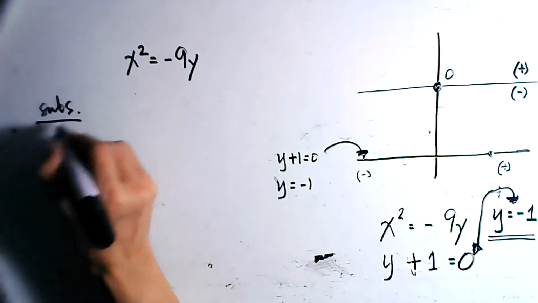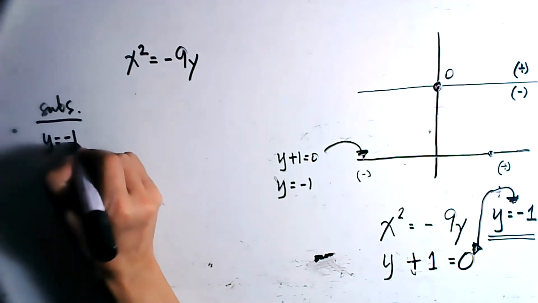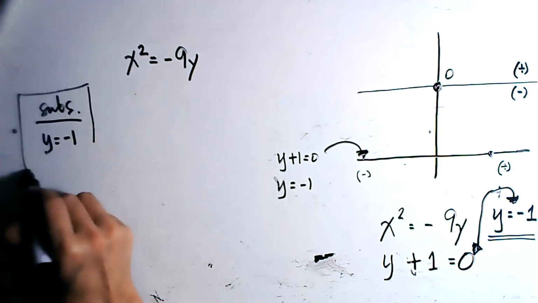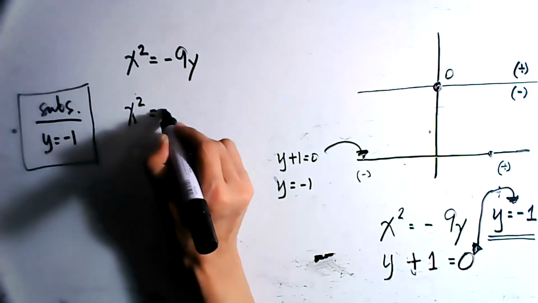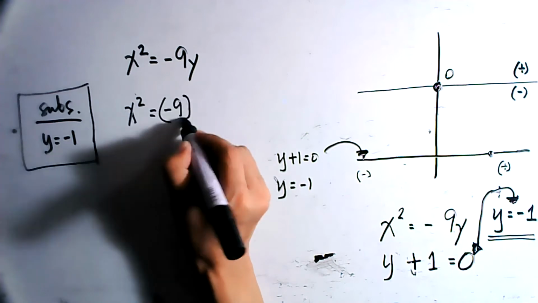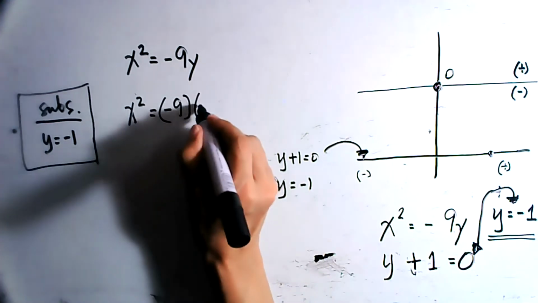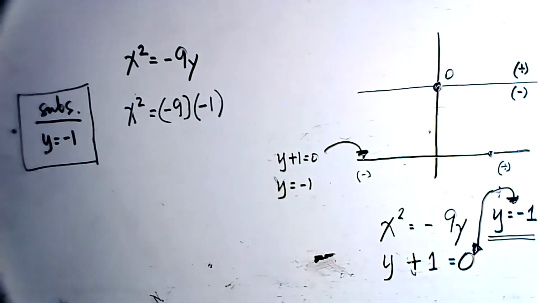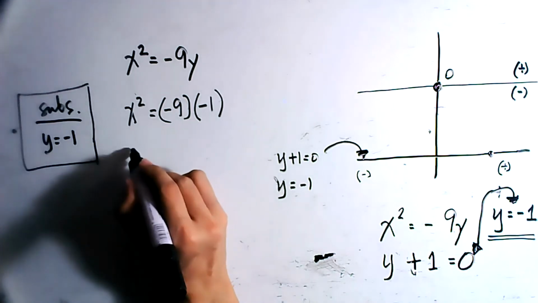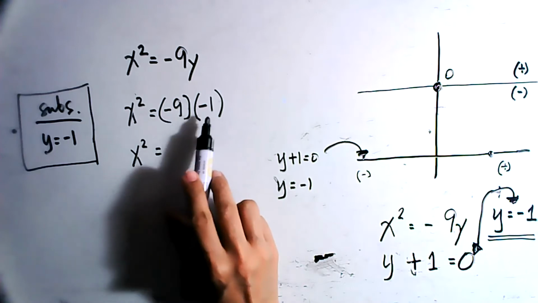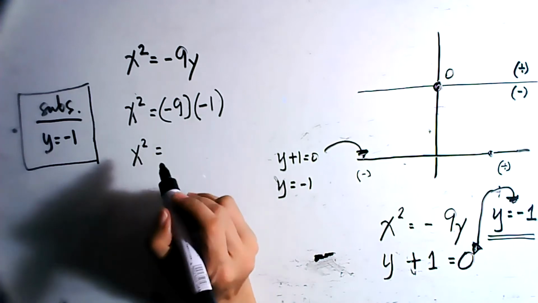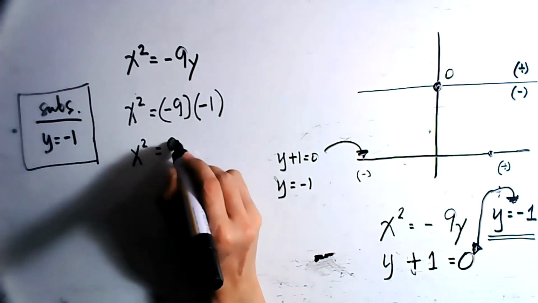If we substitute y equals negative 1 into this equation, then we will have x squared equals negative 9 times negative 1. That will be positive 9.